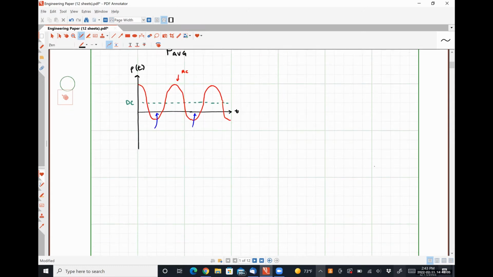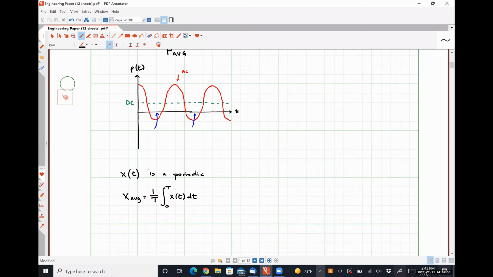If I have a function x of t, and it is periodic, the average value of x of t is given by integrating x of t over exactly one period, and then dividing the results of this integration by the length of the period.